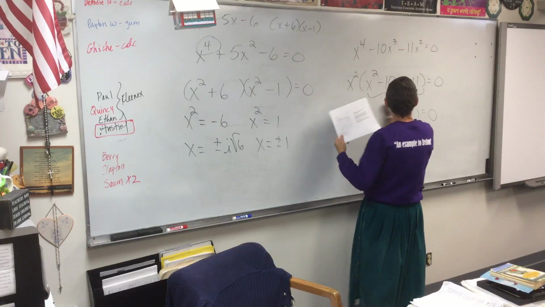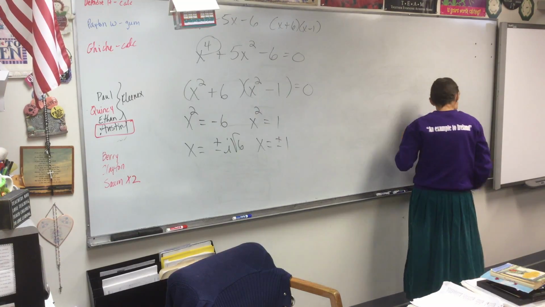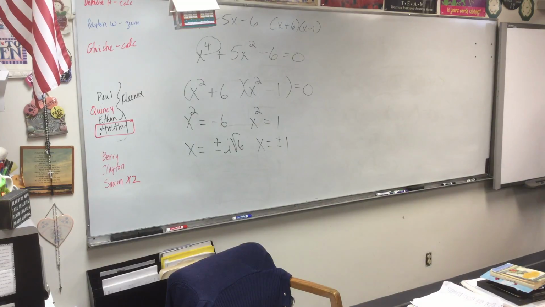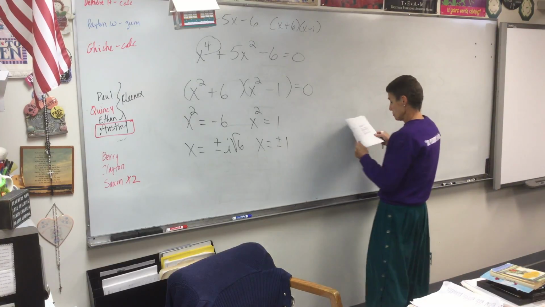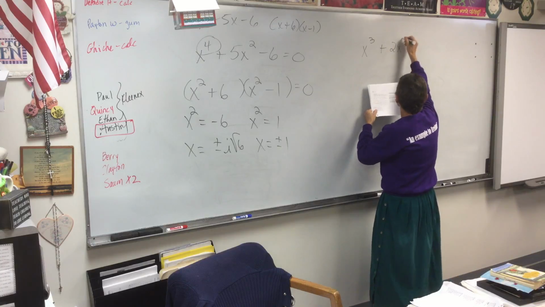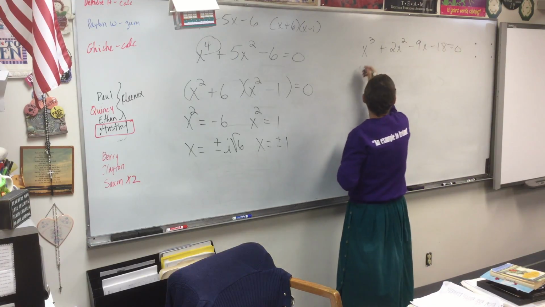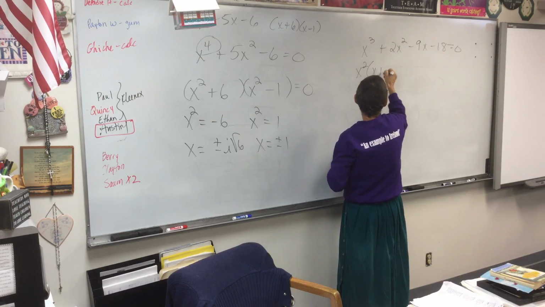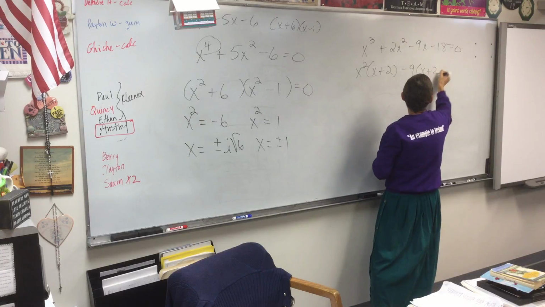We're solving D. What's going on with that one? It factors by grouping. So let's see if we can make that happen. We'll take out an x squared and a negative 9.